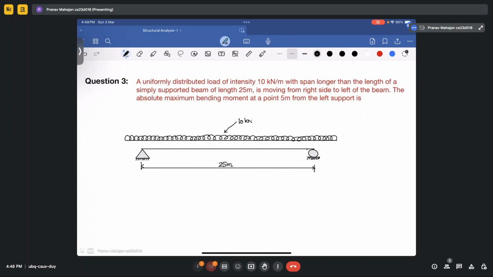Okay, so now to draw the bending moment diagram for this, we have to take a unit load at a distance of 5 meter from the left hand support.